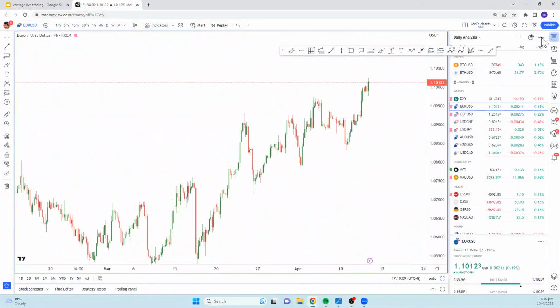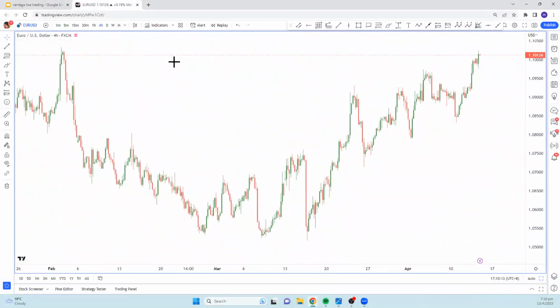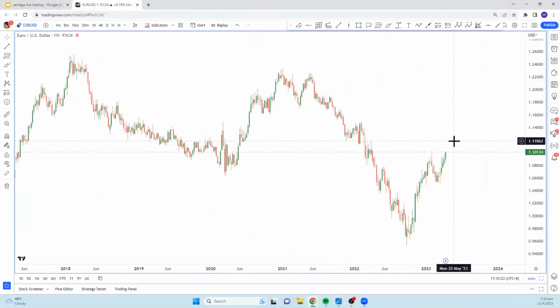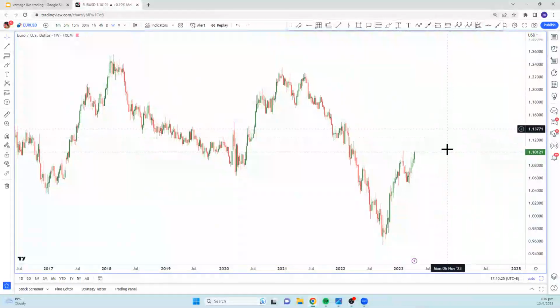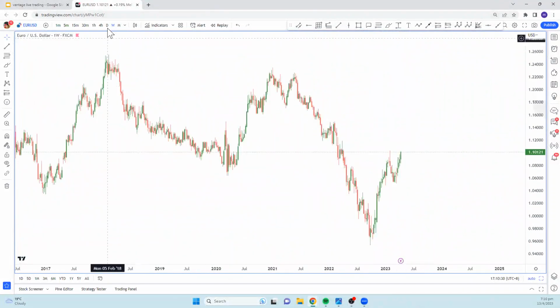As per usual, we'll always start by looking at the higher time frames first, just to get a general idea of where price is heading, the general direction. So let's take a look at our weekly time frame first. We can see prices are moving upwards.